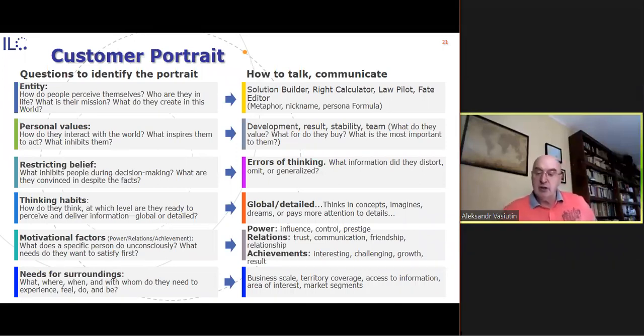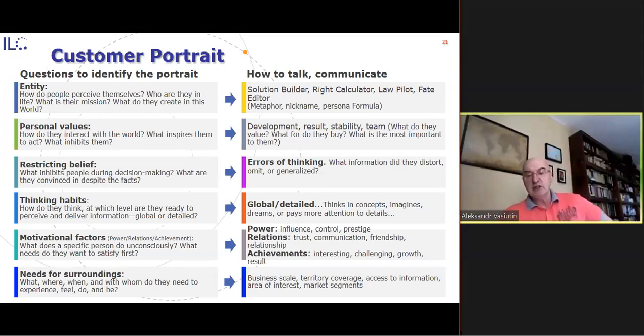And if people are of relations, you are to use other words such as trust, communication, friendship, relationship. Whereas the people of achievements, they need the words interesting, challenging, growth, result, satisfaction.